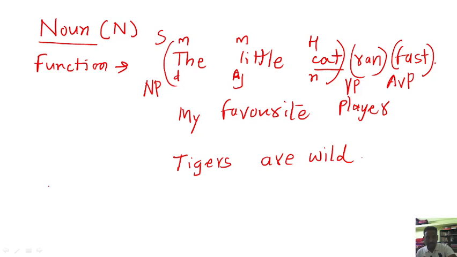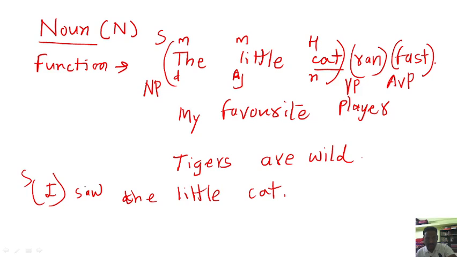If I say, I saw the little cat, this is subject, this is verb, and this is the whole object, and here it is also noun phrase.